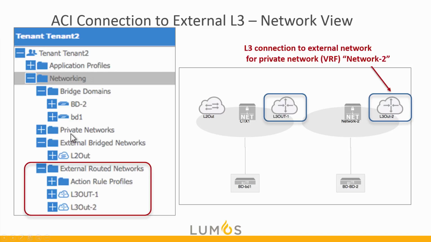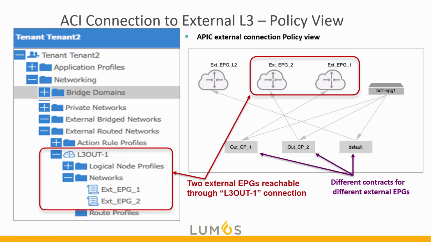So again, we can see L3 out 1 is a member of context 1, which is a private network, and L3 out 2 is a member of private network named network-2. And so here we can see that from one L3 out, we are going to create 1 or multiple networks, and these create EPGs.